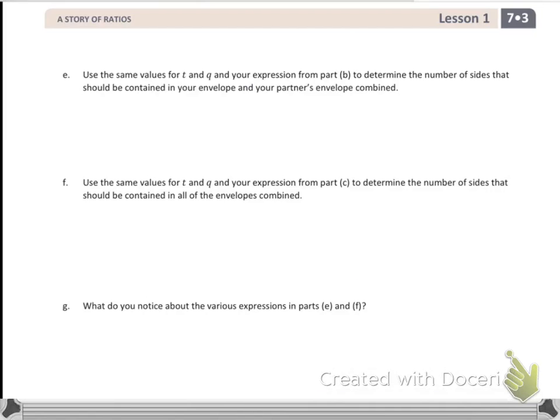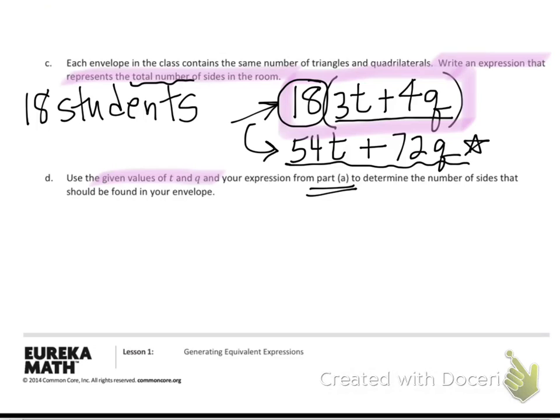So now using those given values, right here we had 4t. So 4 triangles and 2 quads.